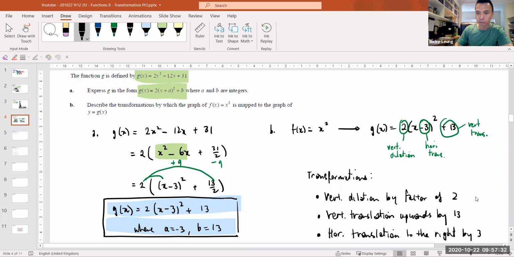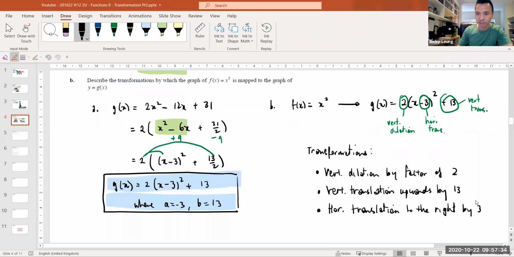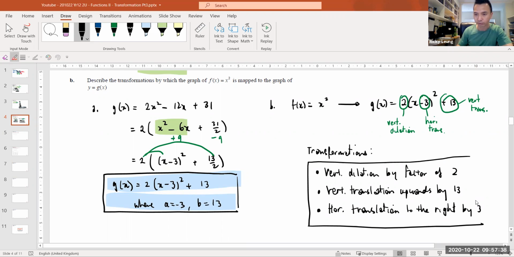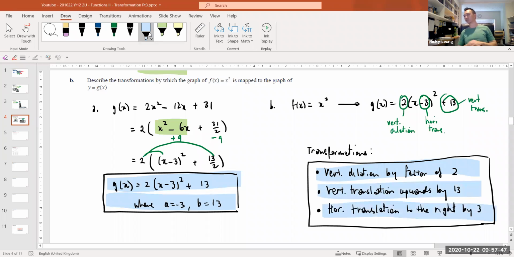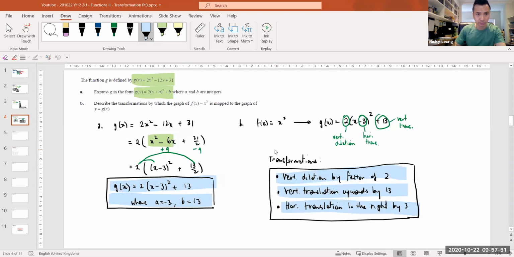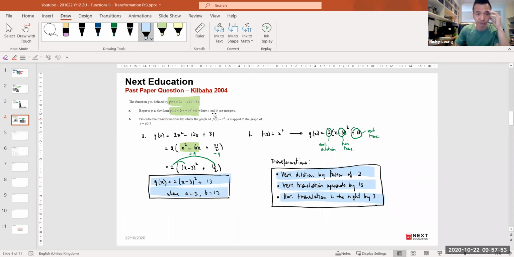So quite easy, just be careful with the language. Obviously, if you wanted to go from the x or y axis or parallel and stuff, you can. But let's play it safe. That's what we did last week, and that's the answer. Hopefully that's not too bad. Not bad for a Kilbaha past paper question.